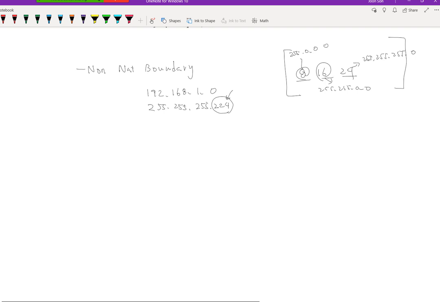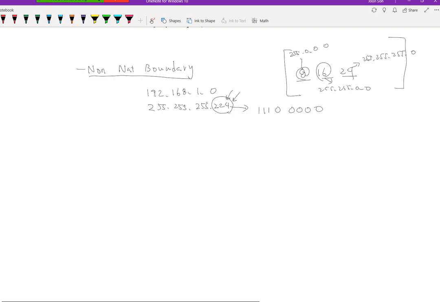But this is not the case here, and that's why we call it non-natural boundary. So now we have to convert this into binary format. So 224 is what? 11100000.